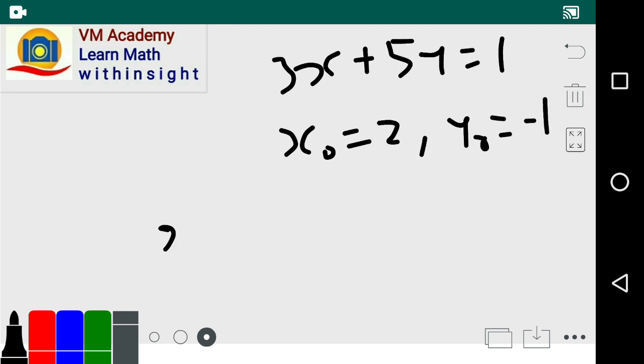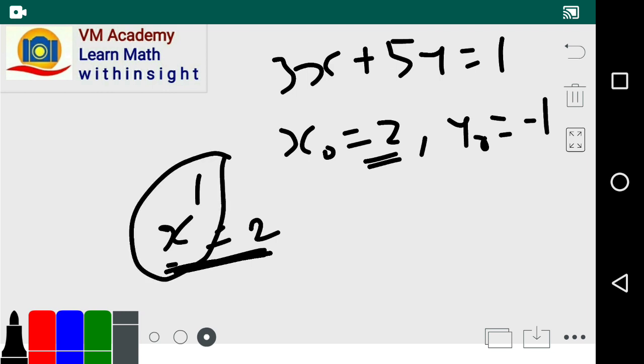How? So x' in terms of this 2 plus, we are calculating the value of x, that is for x we use the coefficient of y. So we can straightly use 5 or minus 5.